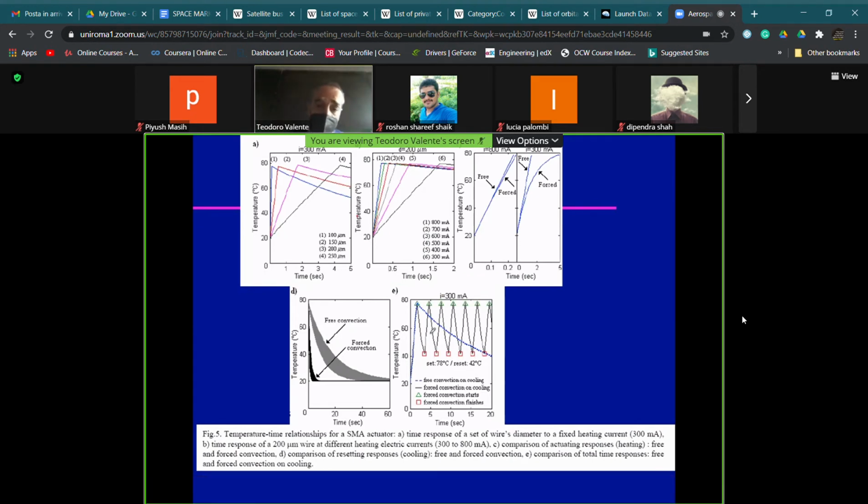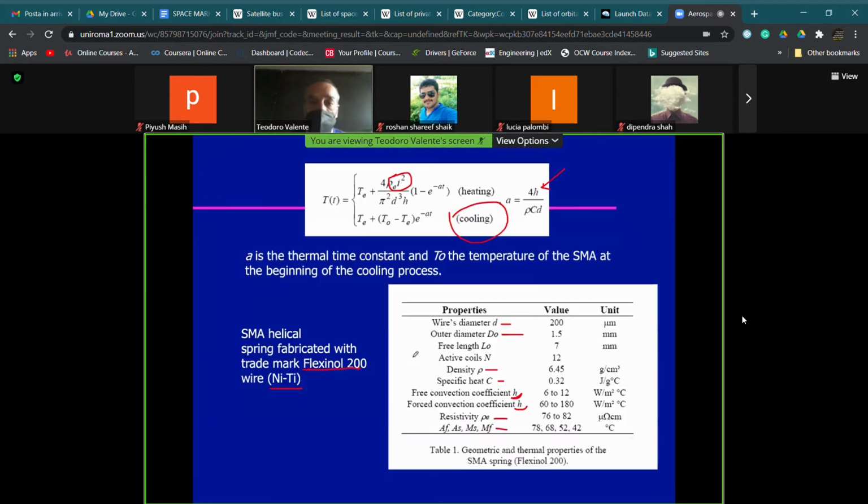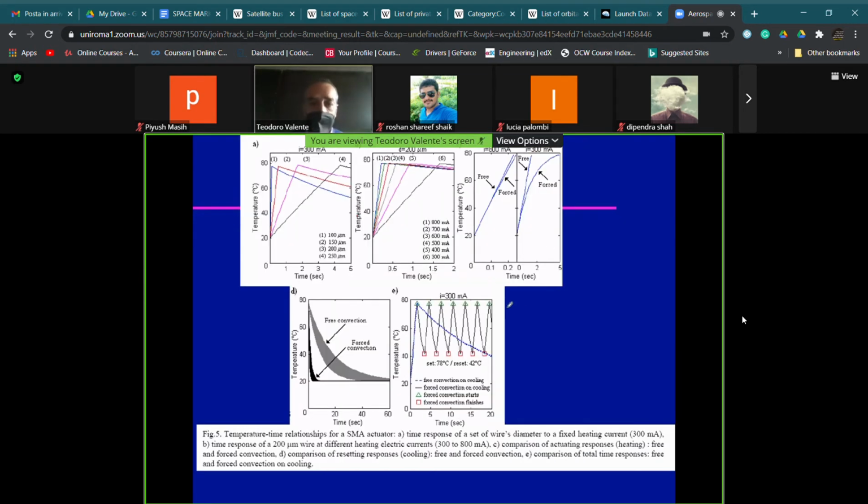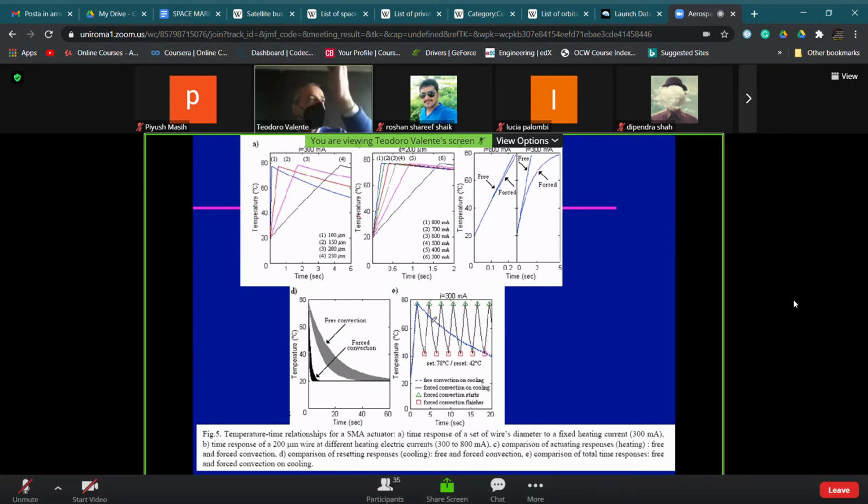So usually, as you can see here, we can use forced convection, using the corresponding H coefficient, and we can achieve a temperature variation with time that is very near to a real thermal cycle. You see here, where you have heating, then cooling, then heating, then cooling.